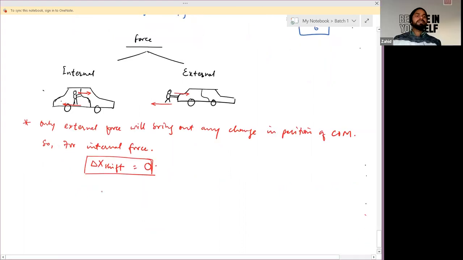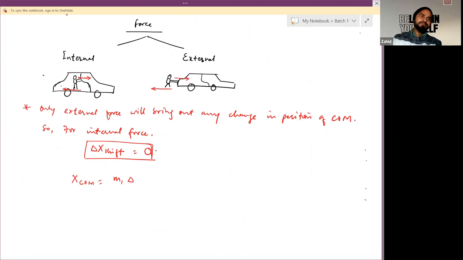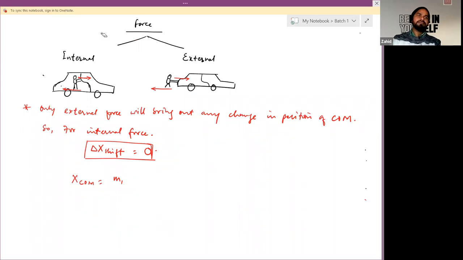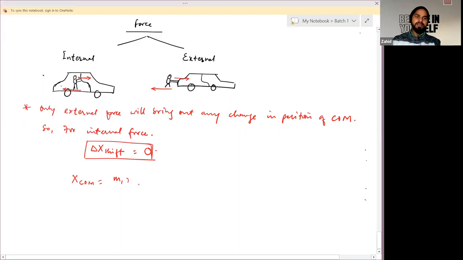Now there is a relation to find the amount of shift. As we had the formula, x center of mass equals m1 x1 plus m2 x2 divided by m1 plus m2.